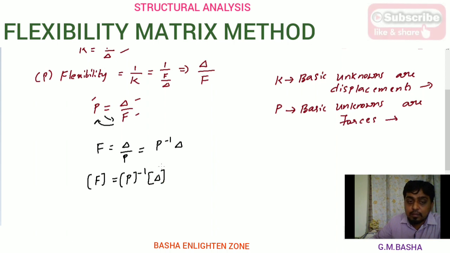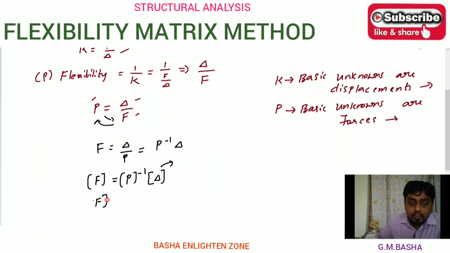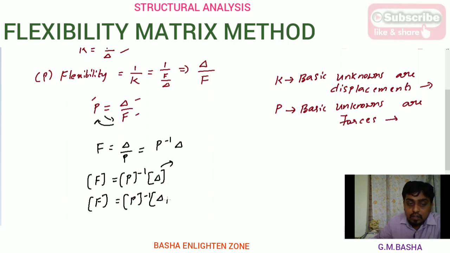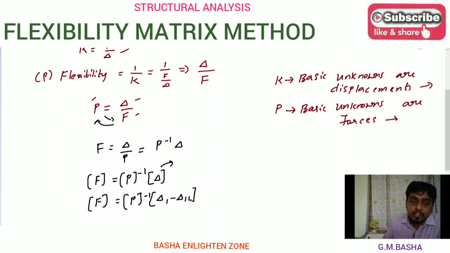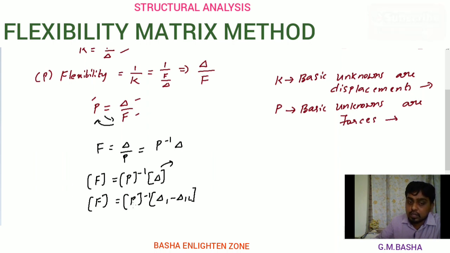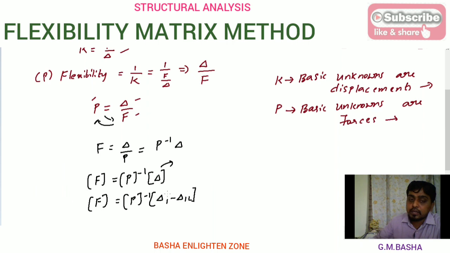Again this delta can be written as delta 1 minus delta 1L. So this is the general equation for solving the flexibility matrix method. Your basic unknowns are the forces, therefore F equals the flexibility matrix inverse into displacement, and displacement can be written as delta 1 minus delta 1L.